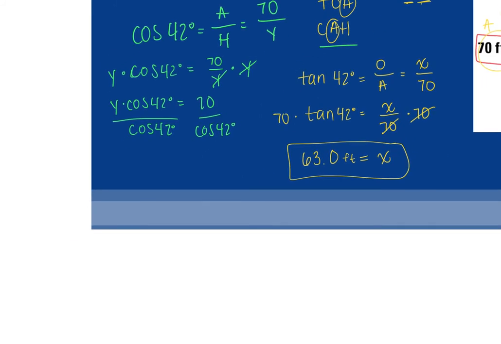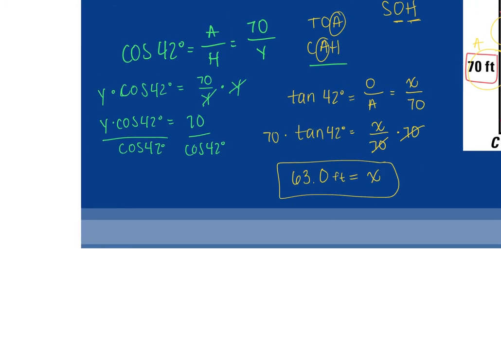Once we've done that, we have y equals, and then in your calculator, you're going to plug in 70 divided by the cosine of 42, and you should get 94.194.